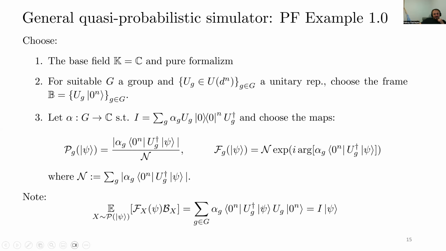And so you get identity acting on psi. And so the expectation value is psi. So this says, if you choose your P's and F's this way, and you have your frames structured this way, as long as this equation is satisfied, everything's going to work out.